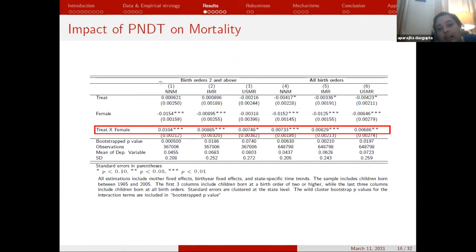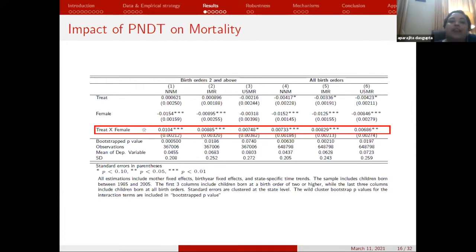The idea is that if discrimination is higher at higher birth orders, this heterogeneity should come up in the results. So we do this separately for all birth orders, as well as for birth orders 2 and above. And across the board, you can see that this is positive and significant at 1%.